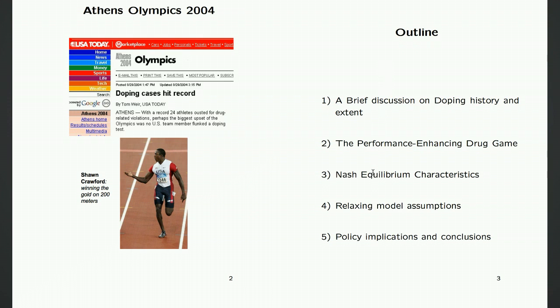At point 4, we will make some model assumption relaxations. This is what we normally do when we do game theory. We start by building a relatively simple model, then try to see what happens if we relax some of these strong model assumptions, as we did initially. Finally, some conclusions and policy implications.